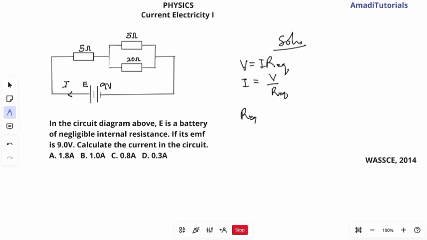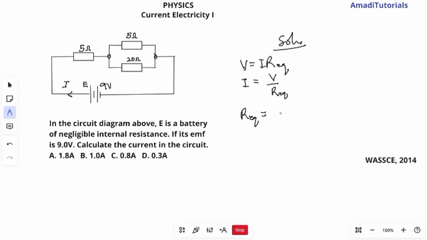Equivalent resistance will be equal to, now, the 5 ohm resistor and the 20 ohm resistor are in parallel in the sense that they are connected to the same terminals. You see, the front of this one connects here, the front of this one connects here, the back of this one connects here, and the back of the other too, so that's a parallel connection.